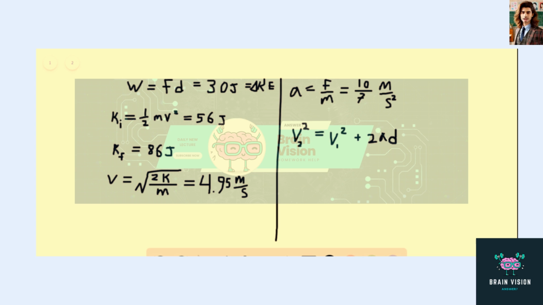So velocity 1, that's our 4 meters per second, and then the acceleration, that's our 10/7 of a meter per second squared, and then distance is the 3 meters. So after we put those numbers in and multiply it out, we see that v2 is equal to 4.95 meters per second.